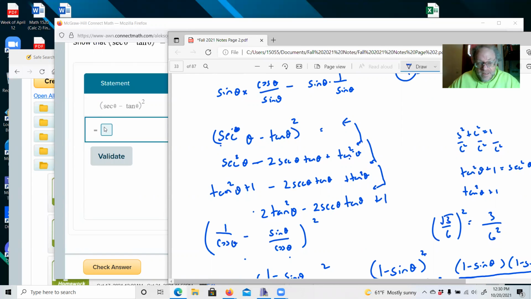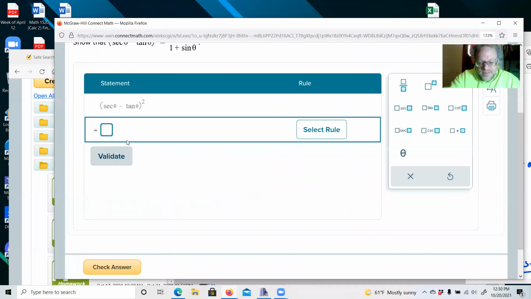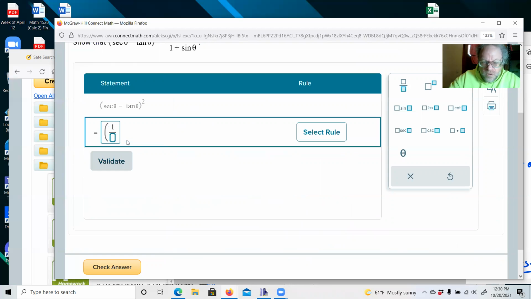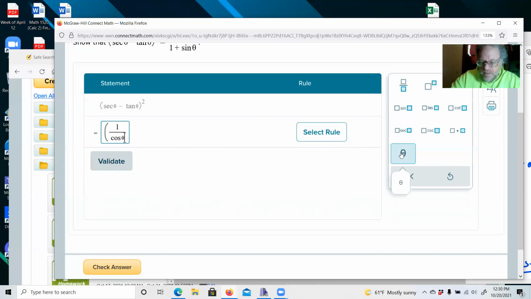It's okay. So let's go ahead and say this is going to be 1 over cosine theta, minus sine theta. Oh, never mind. I'm going to need a different fraction.